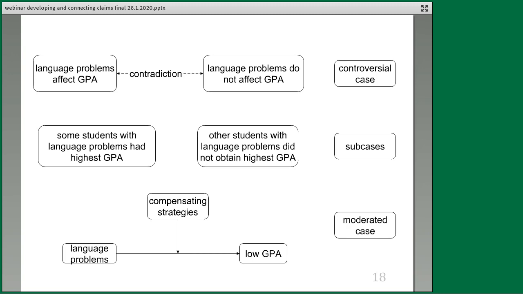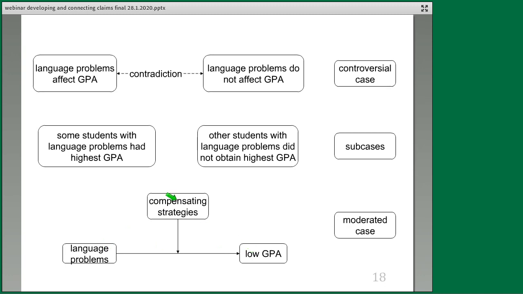We can still say, yes, language problems have an influence on GPA, basically leading to a lower GPA unless students have these compensating strategies. So here, when the compensating strategies are not there, language problems indeed lead to a lower GPA.